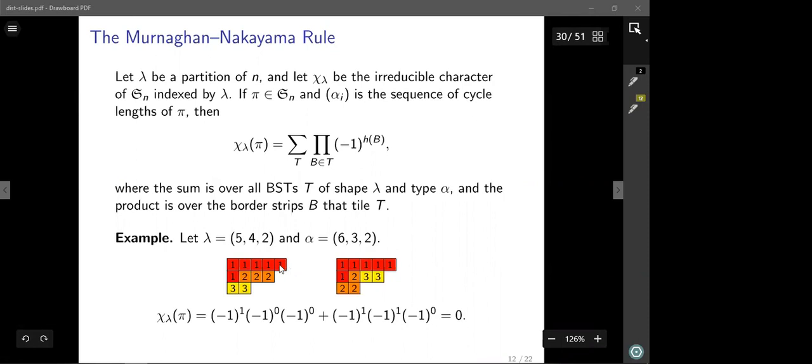So I've drawn 2 examples here. The 1 has size 6, and the 2 has size 3, and the third one has size 2. And I've done it another way here, and we can see that the entries are weakly increasing across the rows and down the columns.